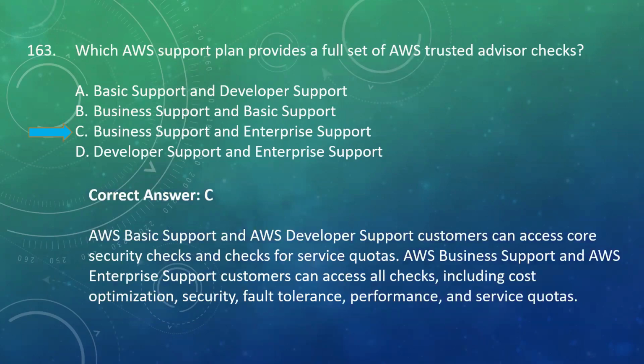With AWS basic support and AWS developer support, customers can access core security checks and checks for service quotas. But with AWS business and enterprise support, customers can access all checks, including cost optimization, security, fault tolerance, performance, and service quotas as well.